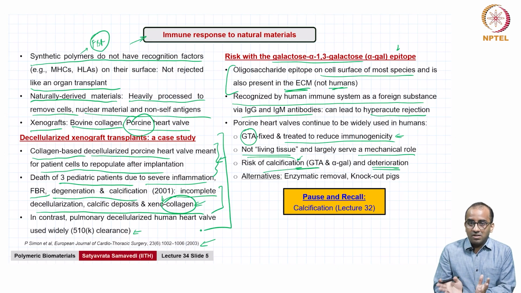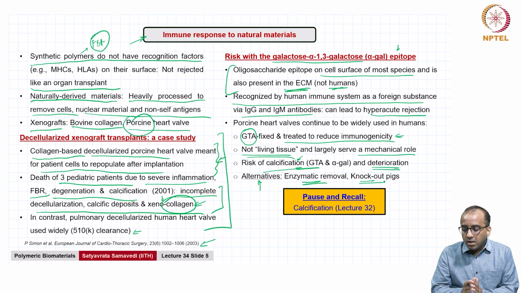So, if you are still concerned that these are risks, then there are alternatives. These are developed more recently. One is you can have enzymes that can remove selectively these epitopes. Alpha-gal is just one of them, there are others as well. Or more recently you've had knockout pigs, essentially pigs that are genetically modified to not produce the enzyme that results in the formation of alpha-gal.